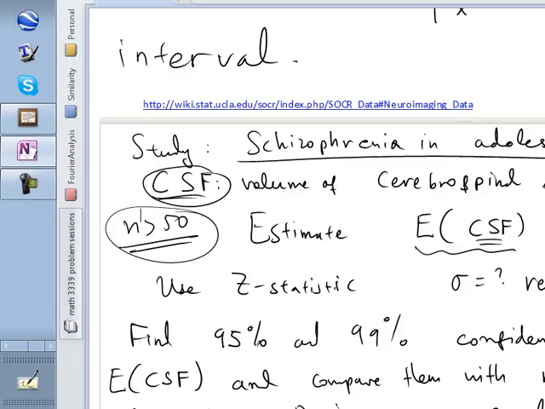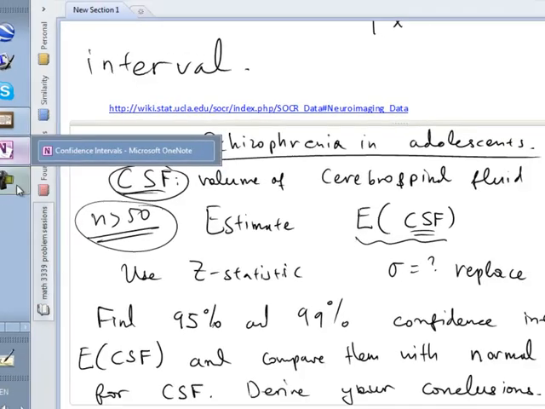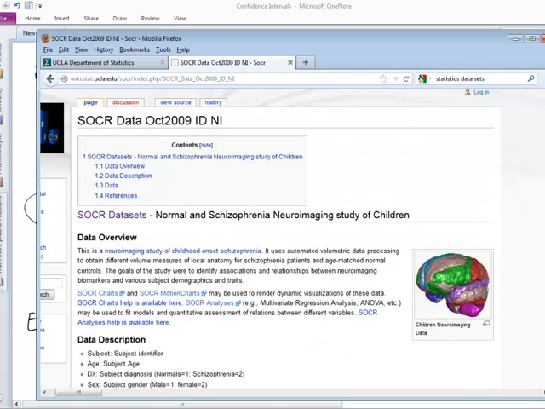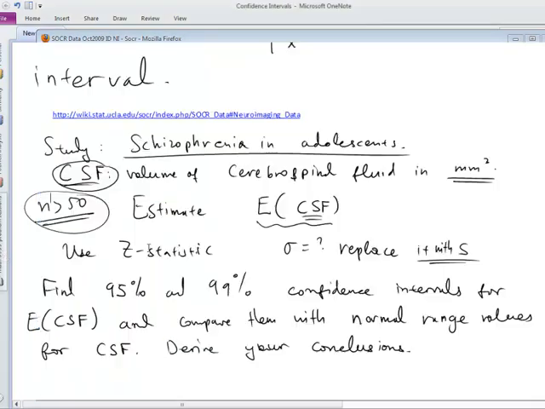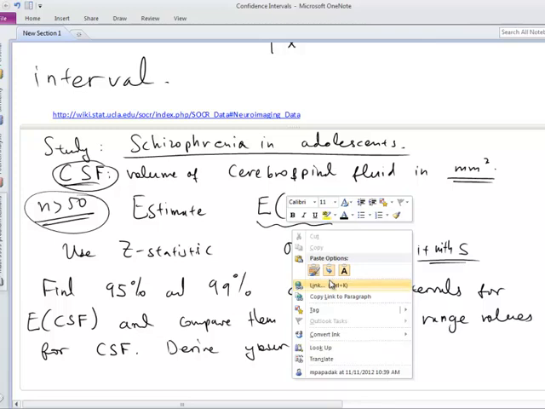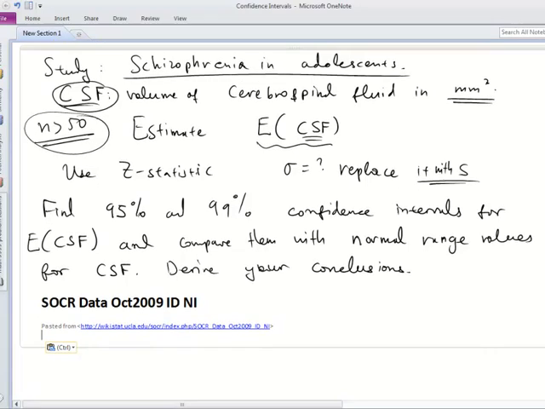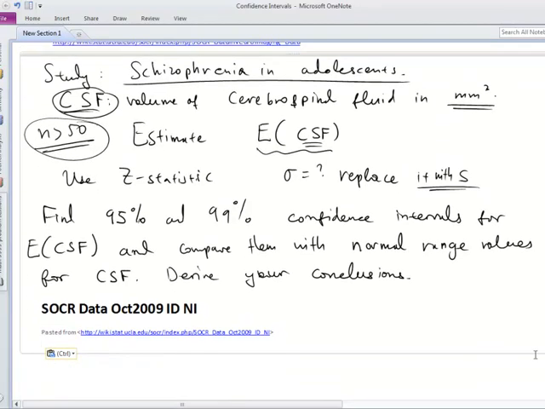Similarly, you can calculate confidence intervals for other random variables that are in this data set. Here once more is the data set. So here is all the data that you actually need to solve this problem.